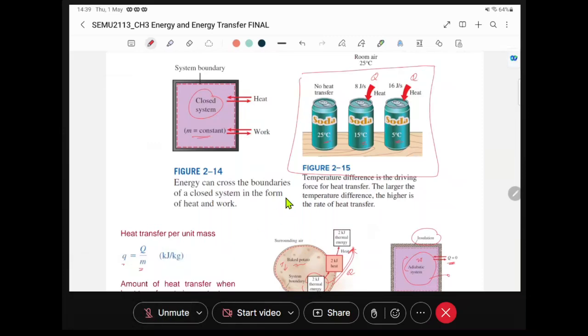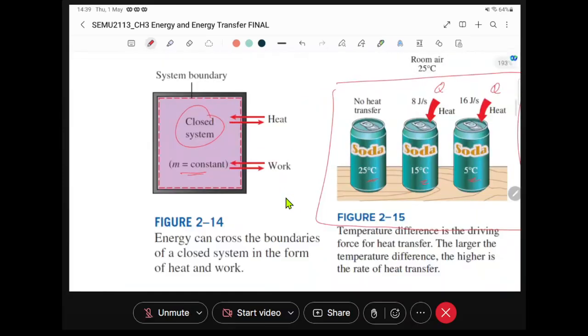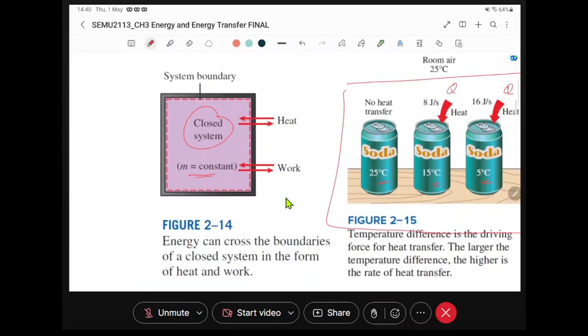Okay, because usually this system is a device. When we draw a system, even though we draw just a box, most of the time it's a machine or something. So when work goes in, it basically means the system itself takes energy, which is why we call it negative.